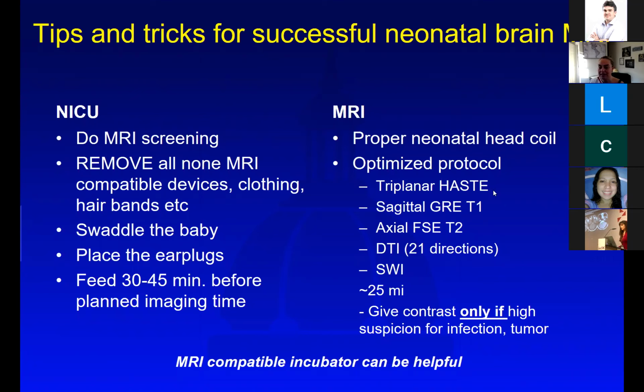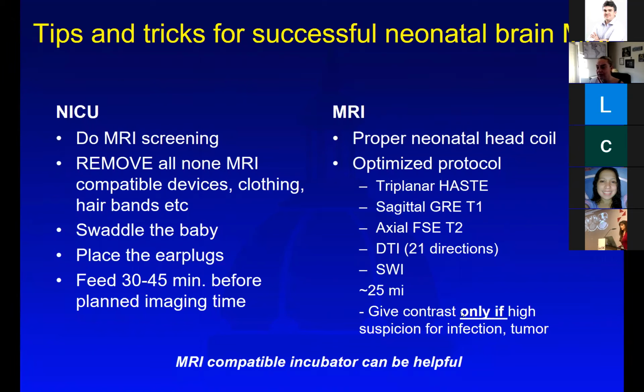HASTE is quick. In less than 5 minutes, you can get axial, coronal, and sagittal planes. Then we continue with our standard protocol. Sometimes the order changes depending on the main question. For example, if the question is stroke, after the HASTE, we move on to DTI and then SWI, and then continue with T1 and standard T2.